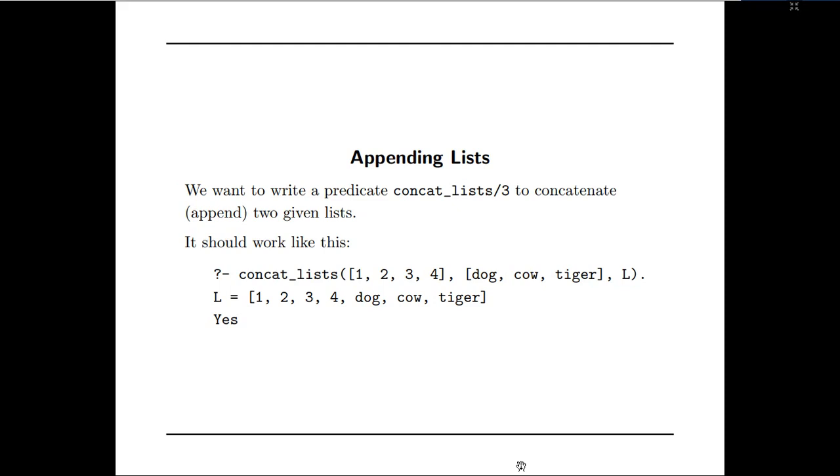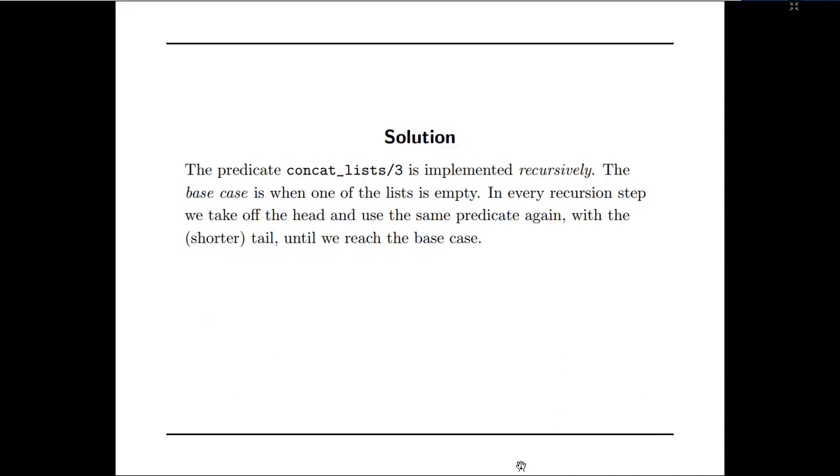So what is the solution that you can think of to append one list to another list? The solution is quite simple. Get the head of the second list and keep on adding it to the end of the first list. So the predicate concat_list/3, that means concat_list is a functor with 3 arguments, is implemented recursively.